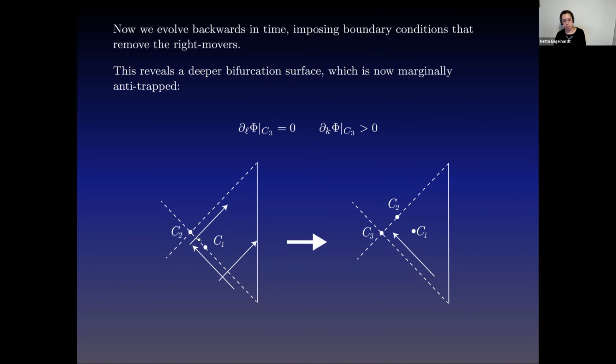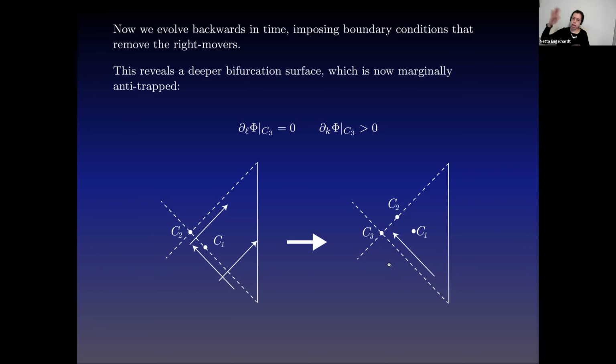But by removing this deeper in, we've revealed new matter that initially was behind the horizon, but is now outside of the horizon. Okay, so now we have to repeat this. We have to once again turn off this one and push this one deeper in.